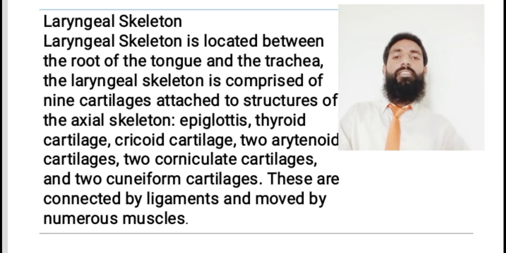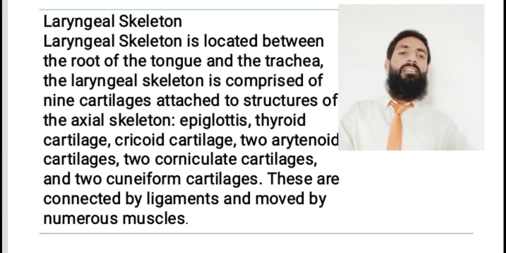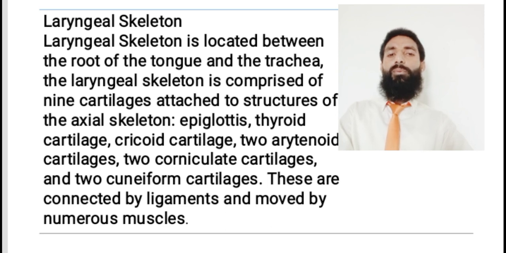These are connected by ligaments and moved by numerous muscles. A particular number of muscles take part in producing the sound. As you know, in your previous lectures, we have already discussed that there are 100 different types of orofacial muscles which are involved to produce the sound.